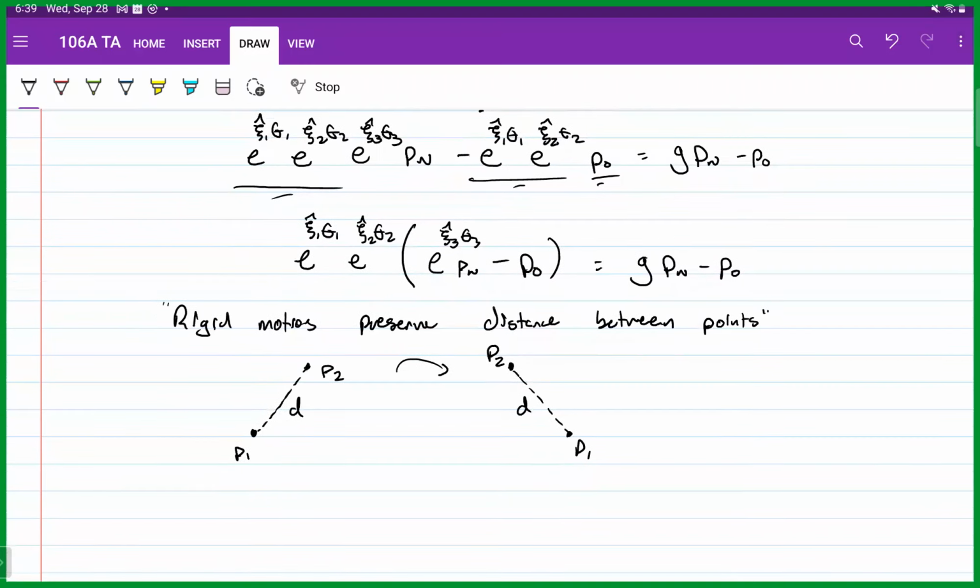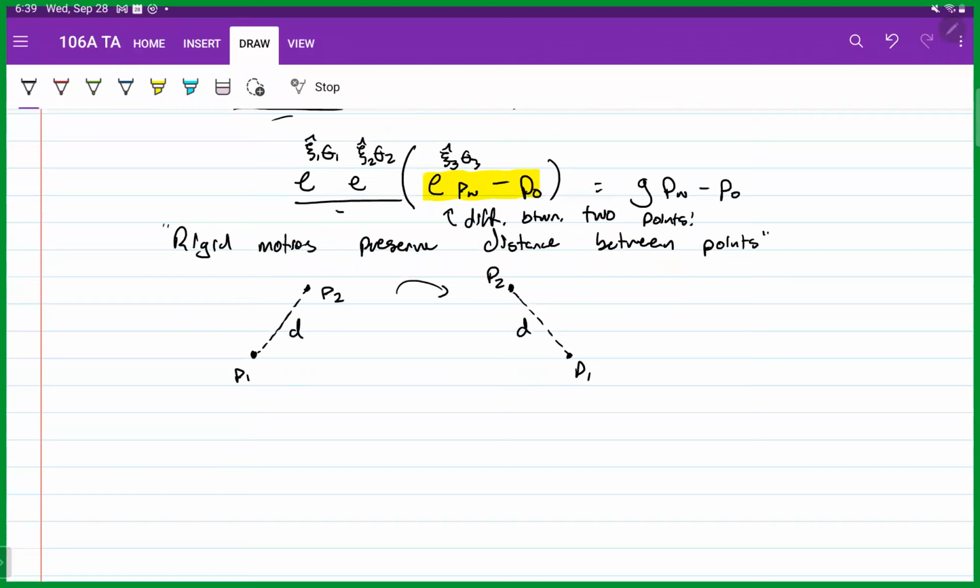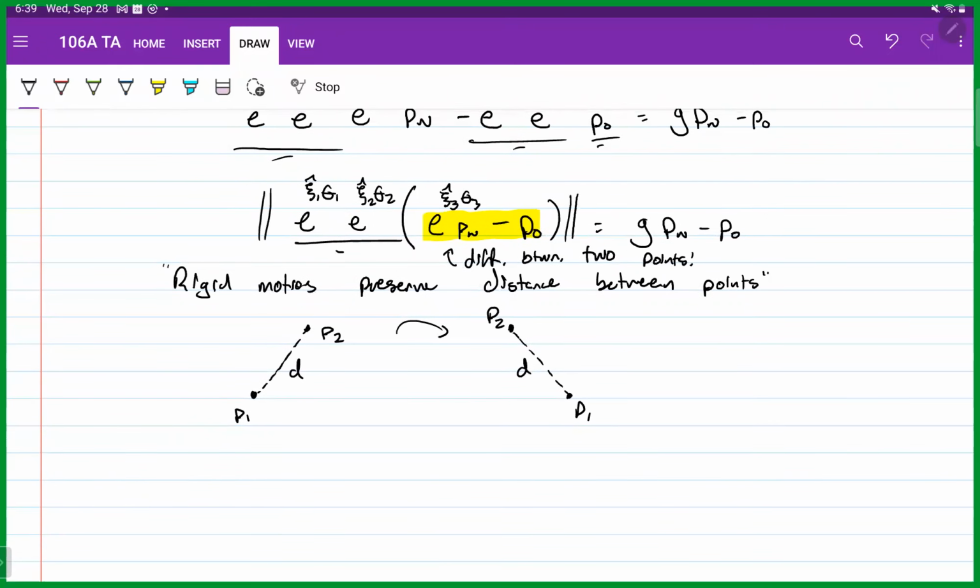Now what we see is that in here, after we factor this stuff out, this is now the difference between 2 points, okay? So we now have a difference between 2 points in these parentheses. So we know that the magnitude of this distance will be the same after we apply the rigid body transformation e to the xi1, xi2 as it was beforehand, okay? So if I take the norm of both sides of this, since these are rigid body transformations, they preserve the distance between these 2 points.